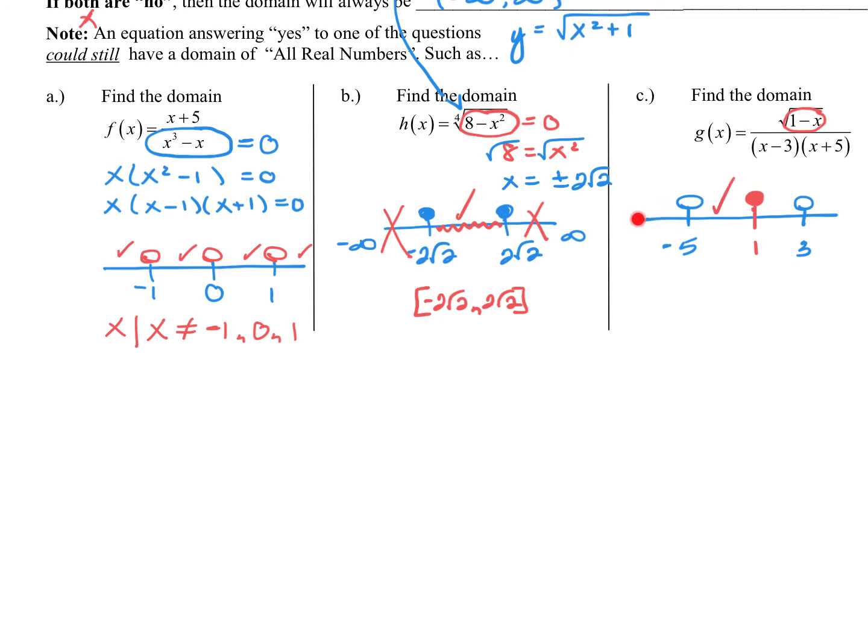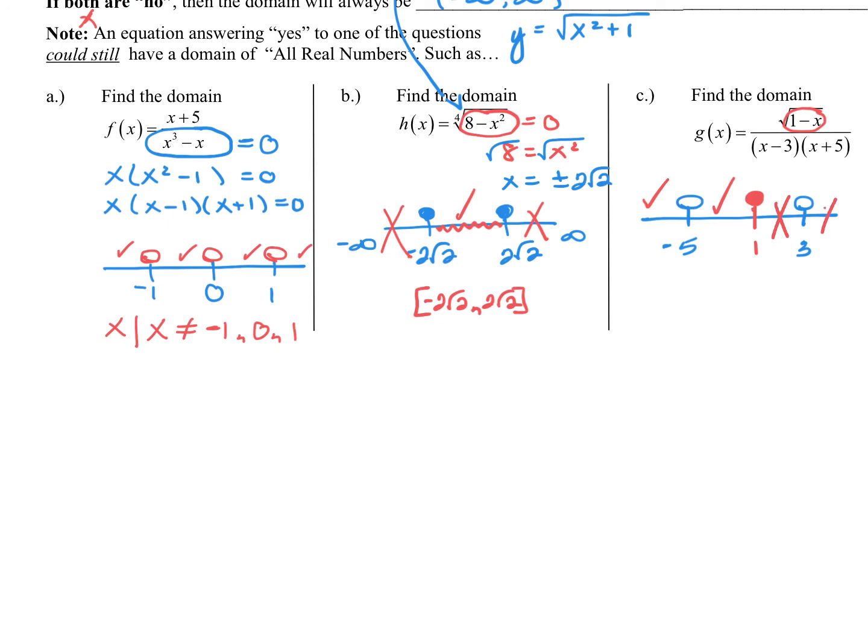Now, technically, we don't have to test over here, but until you get comfortable, you might want to. Let's test negative 6. 1 minus negative 6 is still a positive number there, so it is also just fine, as we would expect. If we test over here to the right, if I put a 2 in here, 1 minus 2 is negative, so that radical is going to have a negative radicand, so I throw out that interval.